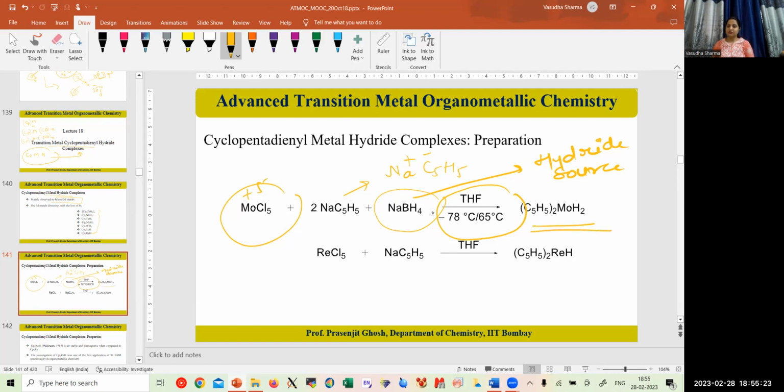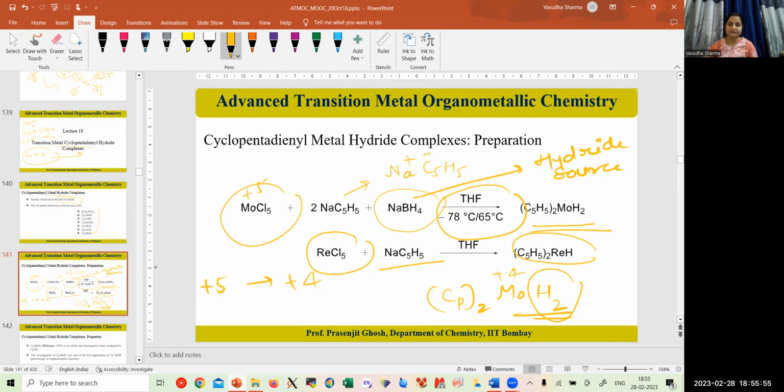So this will give you Cp2MoH2, which has a +4 oxidation state. In the presence of a reducing agent, as you can see, it has gone from +5 to +4 with the involvement of the hydride. This is more or less air stable. If you take rhenium chloride, similarly, with C5H5 it will take up the H directly from the C5, and since we are using two molecules, this will give you the Cp rhenium hydride already.